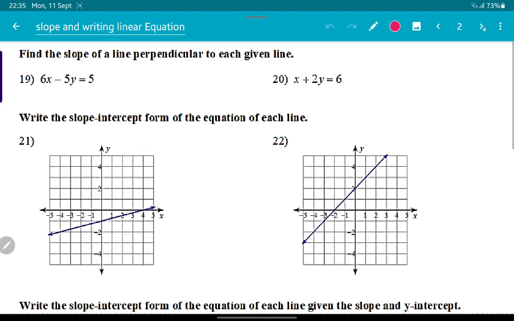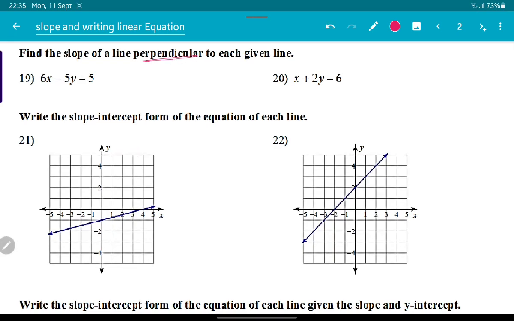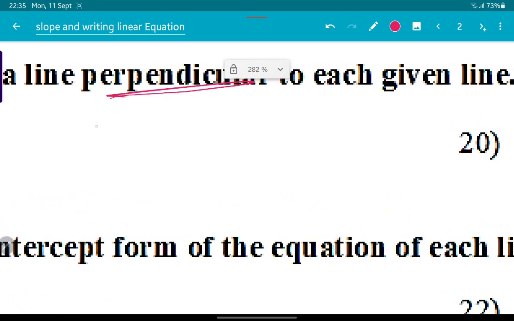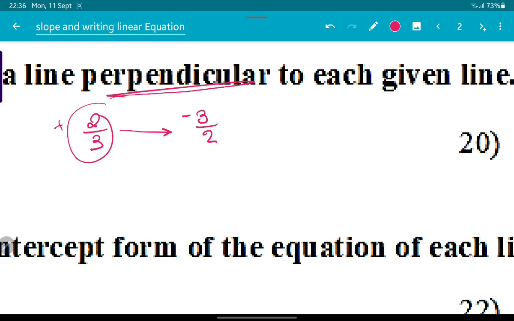Okay. But the perpendicular, if we have two perpendicular lines, if one of the two slopes is, for example, 2 over 3, for the perpendicular we change and flip. So this will be 3 over 2, but this is positive, so this will be negative. Try a different one.